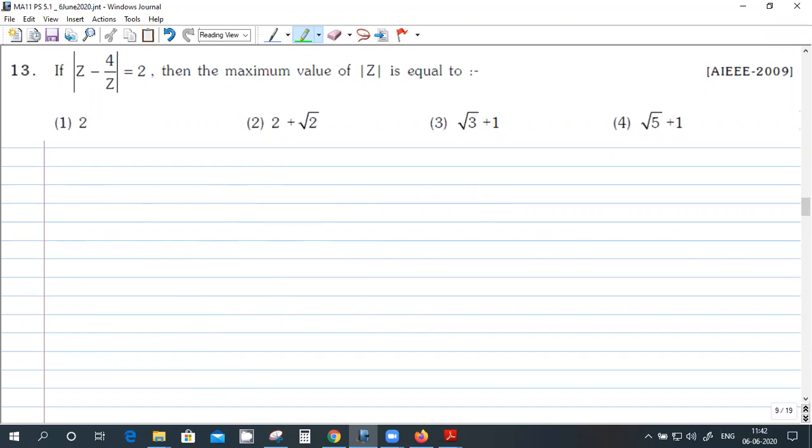Sir, in this also you have to take mod on both sides. Or no, mod on the right hand side is 2, right? There is no point in taking mod there. So you just have to simplify it. Put Z equal to X plus iY. Minimum maximum value.